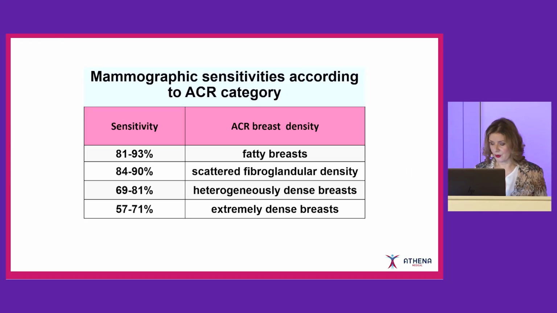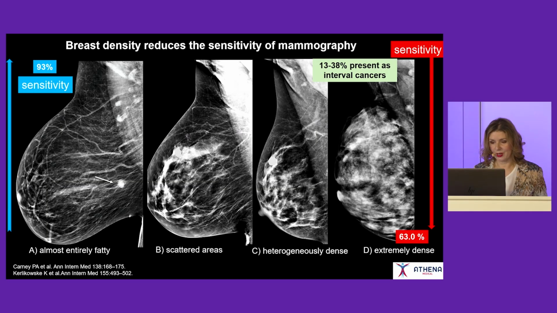And this slide shows you the sensitivity, how much higher it is in women with fatty breast. Mammography reaches up to 93% sensitivity, whereas in women that have extremely dense breast, it is lowered down to 57%, almost 60%. It means that 4 out of 10 cancers would not be diagnosed, not because we're not good radiologists and we do not have experience, but because those cancers are hidden and they're not seen.